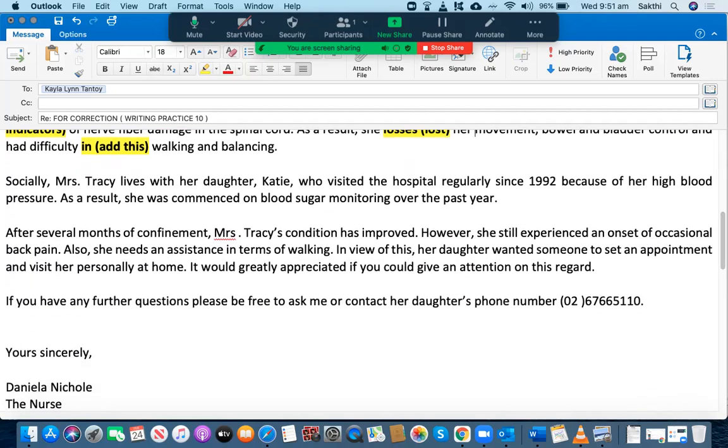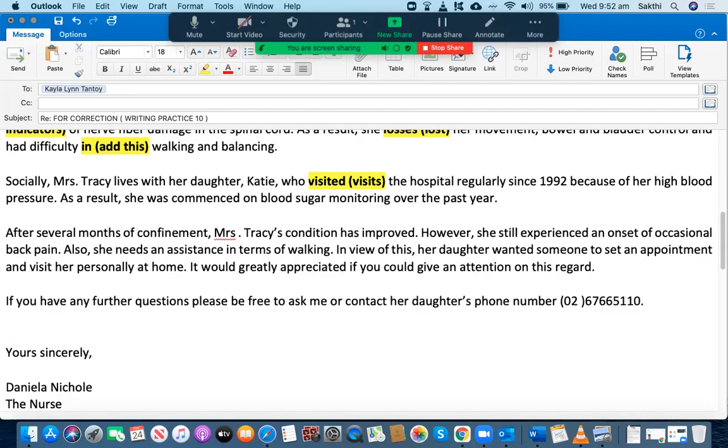"Socially, Mrs. Tracy lives with her daughter Katie, who visited the hospital regularly since 1992 because of her high blood pressure." You don't need to use "visited," but you can say "visits" because I believe it is ongoing. So you can use the present tense: "who visits the hospital regularly since 1992 because of her high blood pressure."